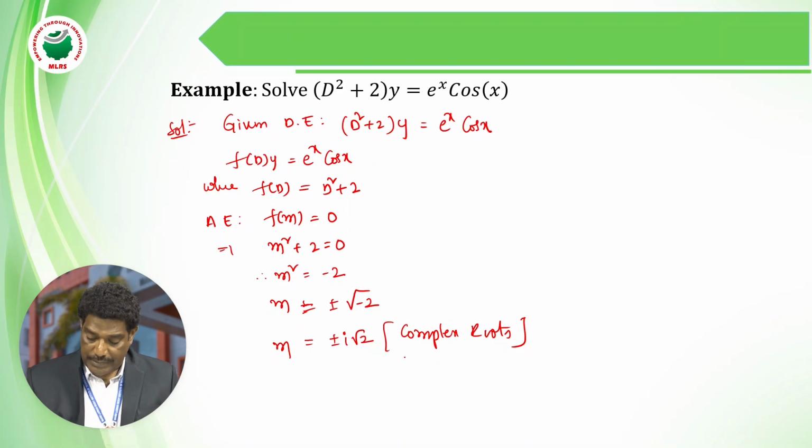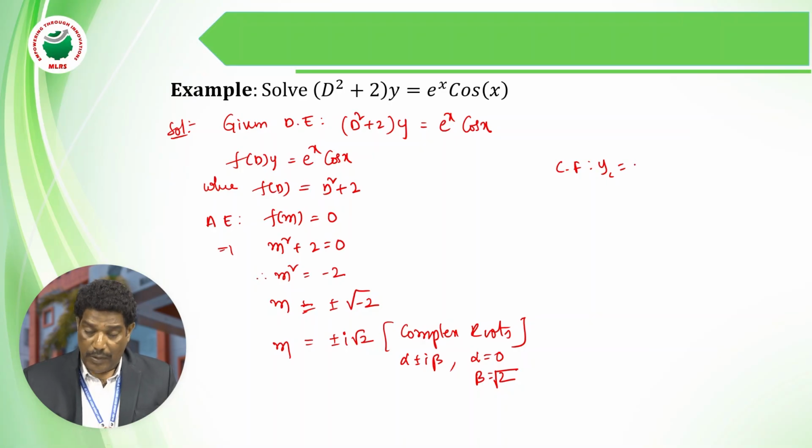Here the complex roots are in the form of alpha plus or minus i beta. Comparing this, alpha equals 0, beta equals square root of 2. So the complementary function is given by yc equals e power of alpha x.